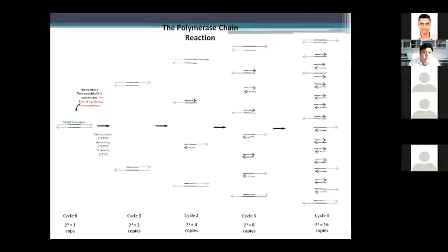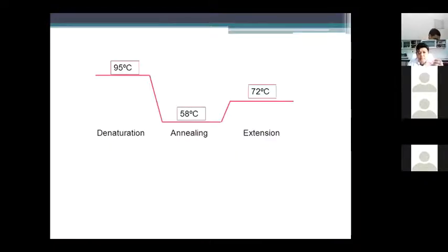So in the first cycle, you get two copies of the desired target sequence. In the next cycle, the copies multiply, and it goes on and on. And in the end you find multiple copies, you can say millions of copies at the end of the reaction.